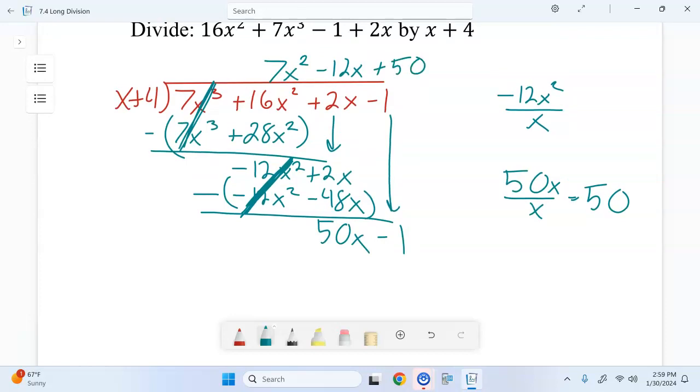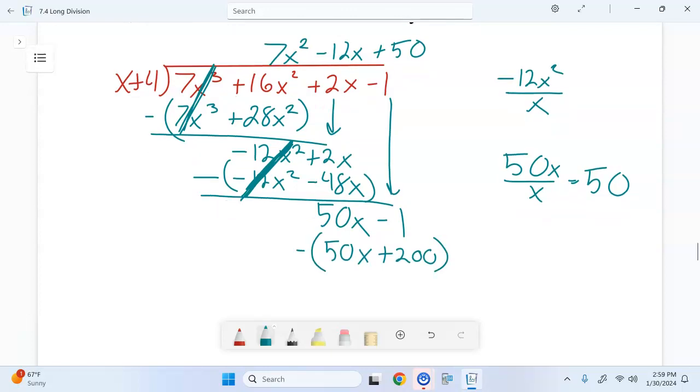And we multiply. 50x plus 200. So when we subtract, what's our remainder? Negative 201. 50 times 4. Negative 201.